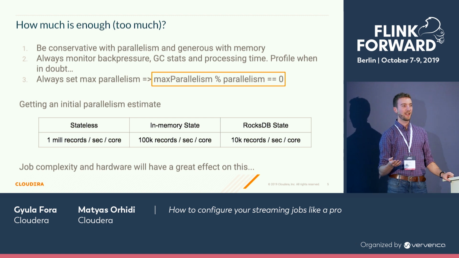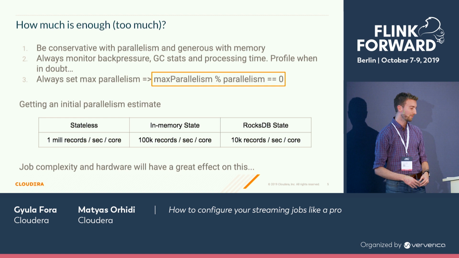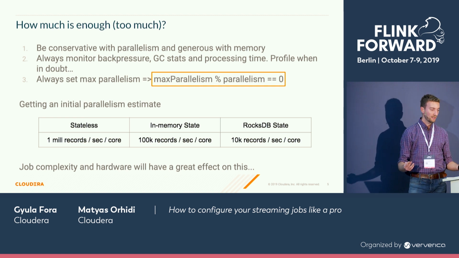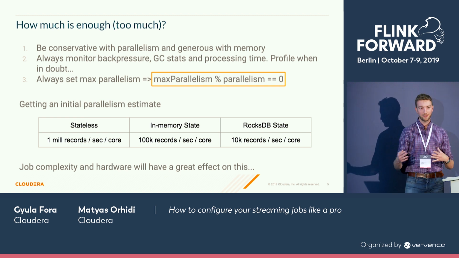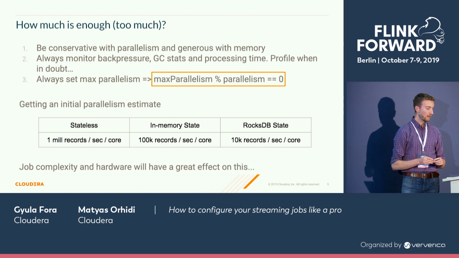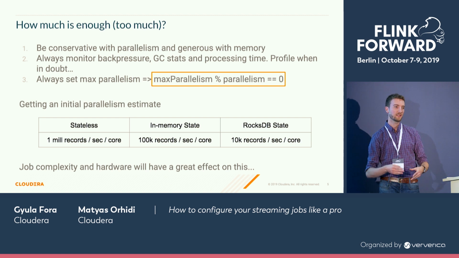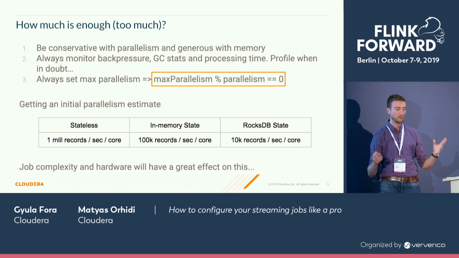Yeah. So search for highly composite numbers. Those are numbers that will be good for max parallelism. As for getting an initial parallelism estimate, you can go from your input data rate and the kind of job that you're running. For stateless jobs, you can assume that every Flink instance can consume at least about 1 million records.